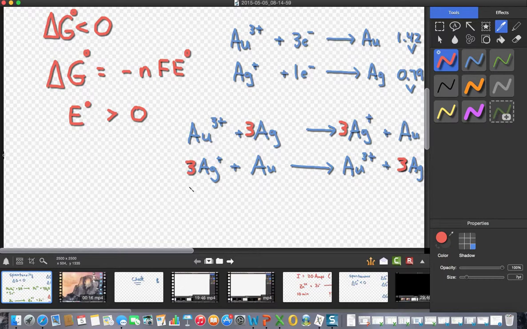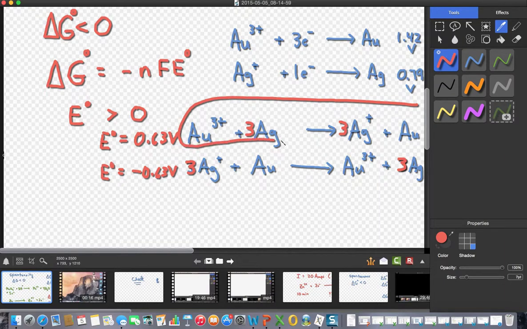Simply what you want to do, for the first reaction, we would want to keep the first potential the way that it is, but we would want to flip the second one, which is going to flip the sign. So in this case, we're going to get an electrical potential equal to 0.63 volts. So on the bottom reaction, you'll get an electrical potential of negative 0.63 volts. We want to choose the positive one, therefore the top equation will be the spontaneous reaction.